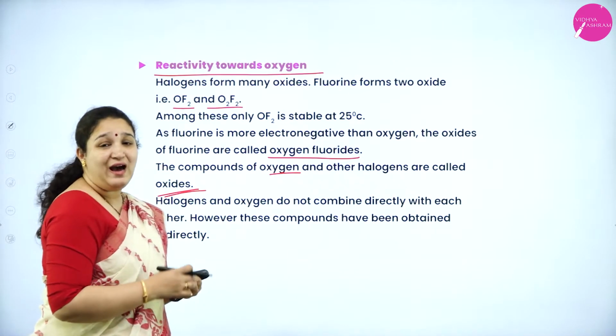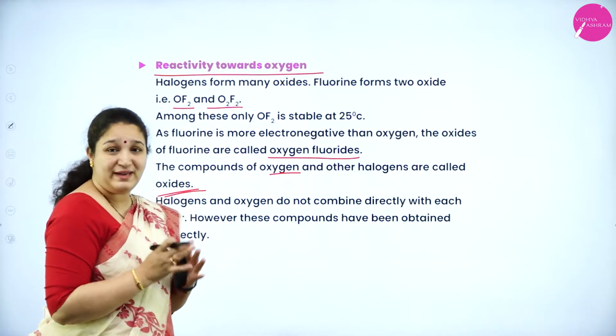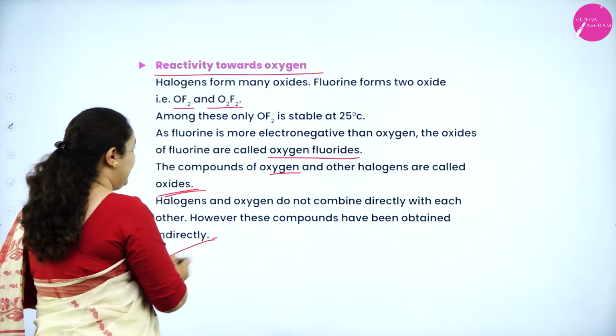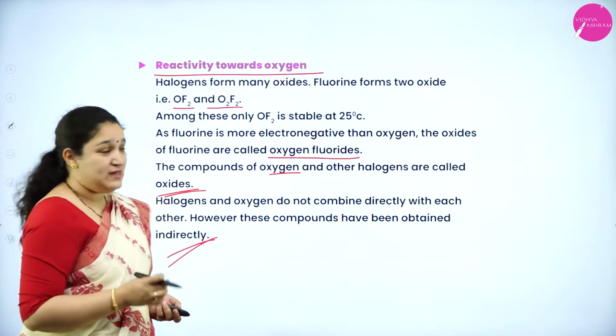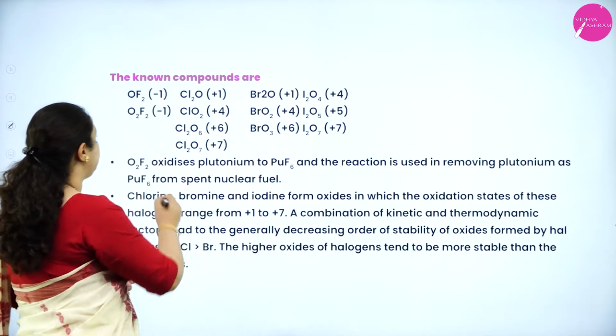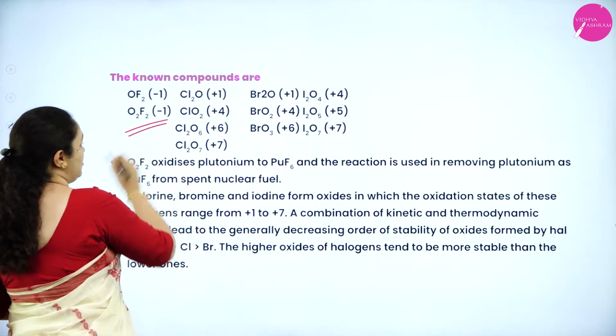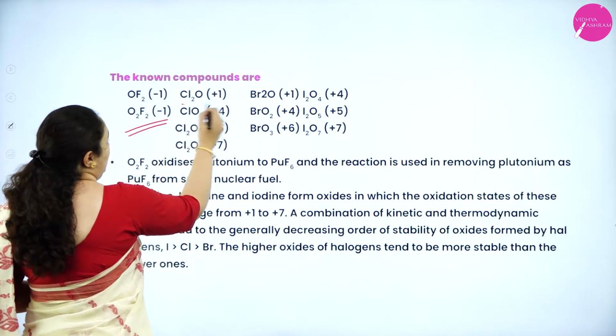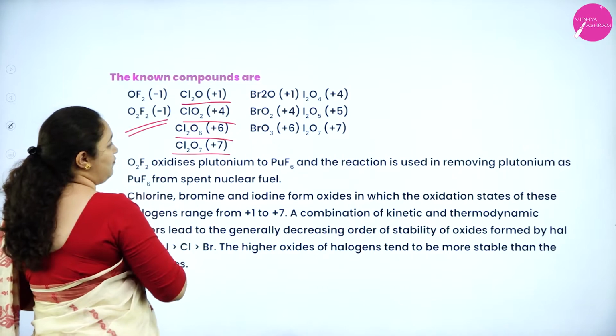If you see, halogens and oxygen do not combine directly with one another, but of course they are obtained by indirect methods. We will see which are the different oxides formed. Fluorine will form oxygen fluorides of two types. Chlorine will form 4 different types of oxides.